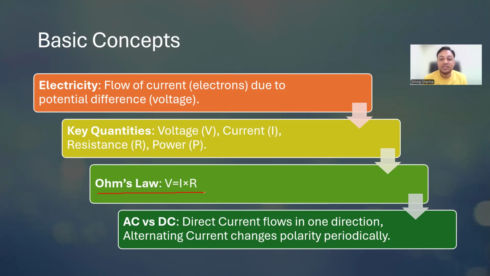It changes its polarity periodically. If DC flows like this, then AC changes polarity, meaning it flows positive, negative, like this. So those are the basic concepts of electrical.